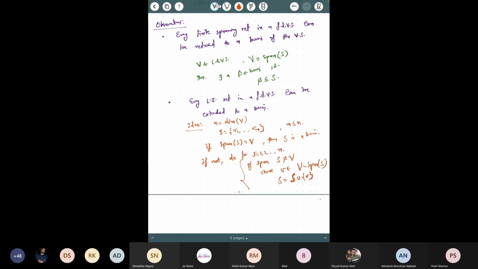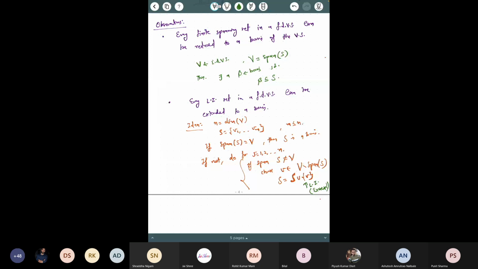So after n steps, you will get a set S that spans the whole space and that is also linearly independent. The only important thing here is that after including this vector v, this set S is again linearly independent. That is the catch here. So this is again linearly independent. You just verify that.